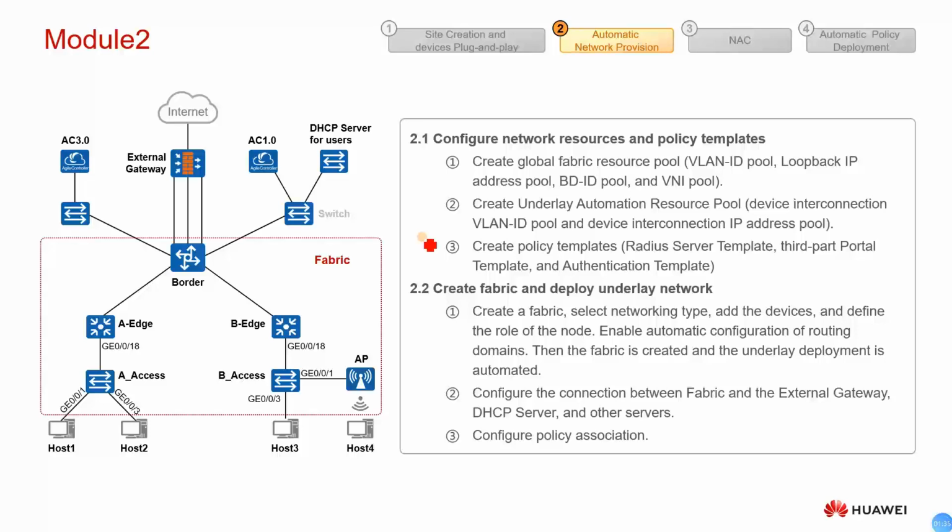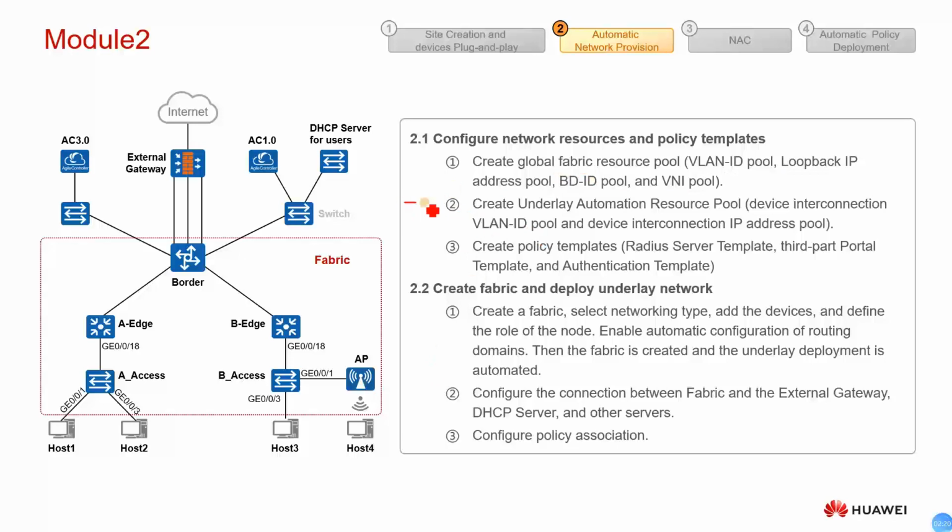In order to let AC 3.0 finish the job, you have to define the resource pools, for example, the VLAN ID, the loopback IP address pool, the bridge domain ID pool, and the VNI pool, so that AC 3.0 can pick one or multiple instances from the pool and use, for example, the VLAN ID to finish the configuration on the device so that all of the devices can form a fabric.